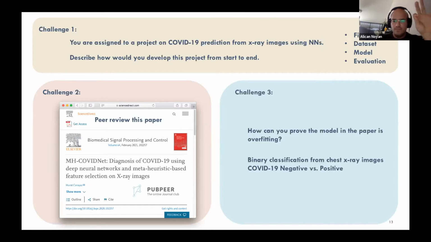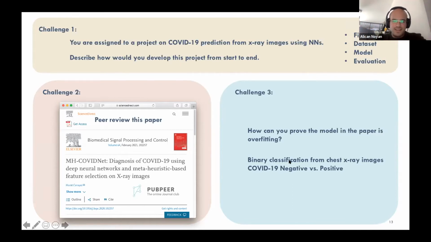And finally, it is one thing to show the flaws of a paper, right? But another thing to prove it. So I want you to prove that the model in the paper is overfitting. You can either describe it or you can even code it yourself. This is up to you.